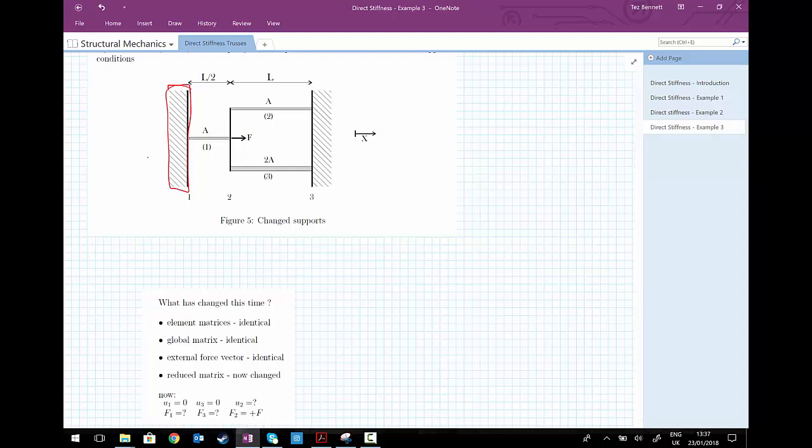And the reduced matrix now changes. So what we should do is go back to the full system of equations that we wrote down.